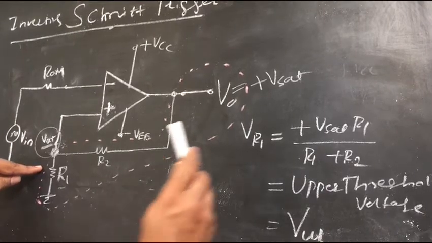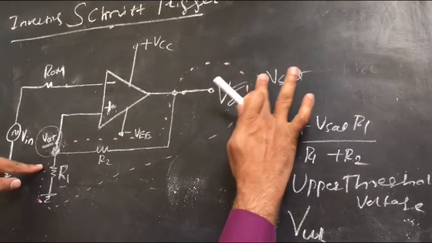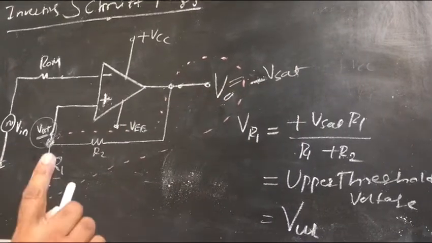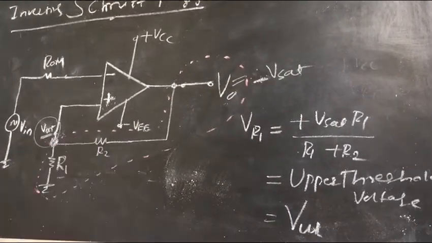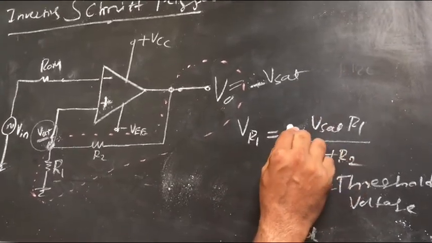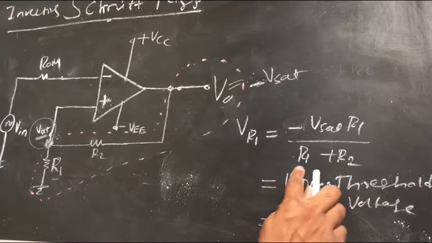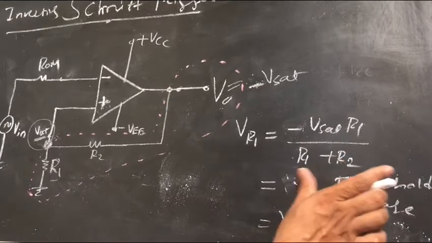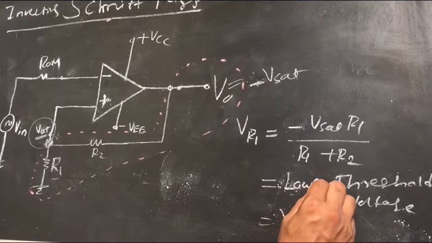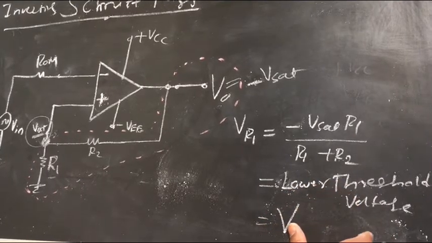Similarly, students, when output jumps to minus Vsat, again the voltage across R1 is given by the formula VR1 is equal to minus Vsat into R1 divided by R1 plus R2. This voltage is given the name lower threshold voltage, denoted by VLT.